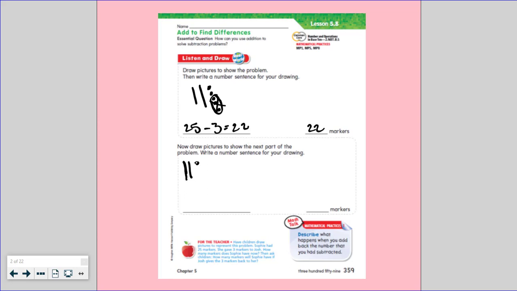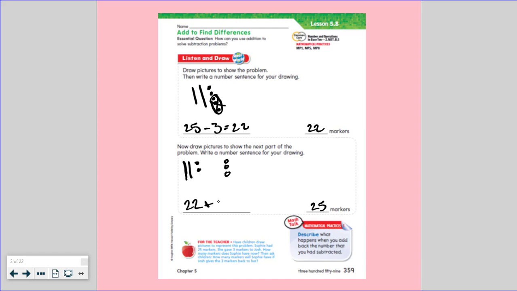And then they said that Josh gives them back to her. So he gives her back 3. So 1, 2, 3. How many does she have now? 22, 23, 24, 25. Okay, she has 25.